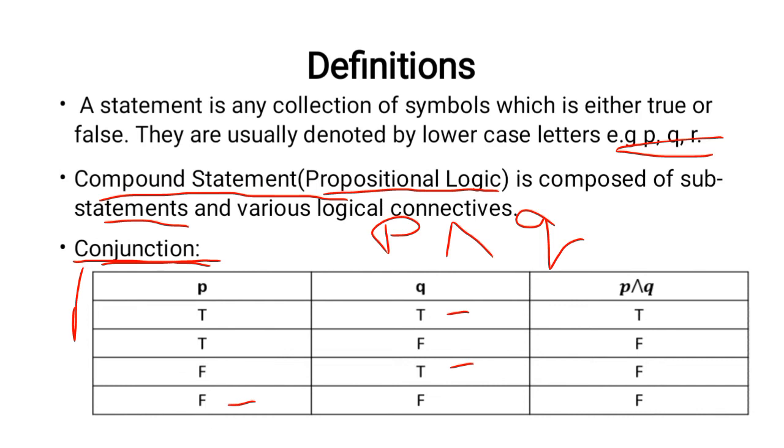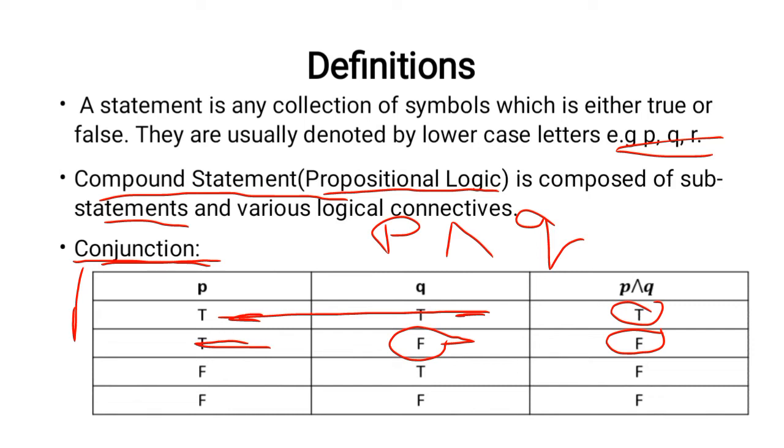When the statement P is true and the statement Q is true, it means that the connection of these two under conjunction is always true. See that? Now, if P is true and Q is false, so long as one of the two is false, connecting the two together will always result in false.